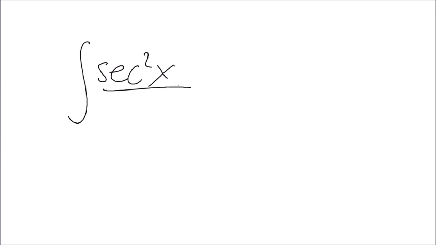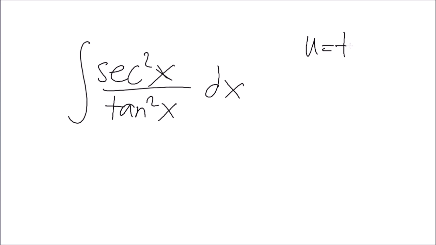Secant square over tangent square. You're probably thinking, maybe simplify this in terms of sines and cosines. Well, actually, you could just leave it like this. Let u equal tangent x because du is equal to secant square.